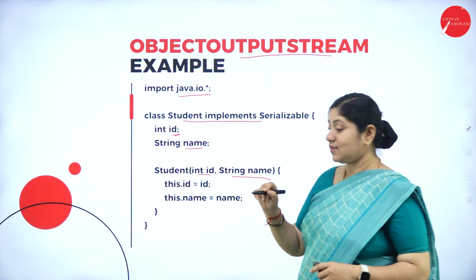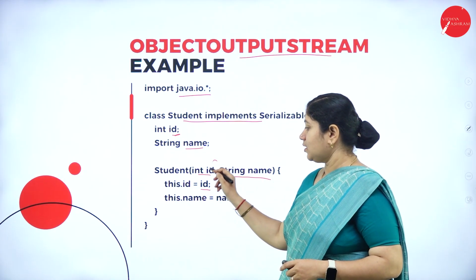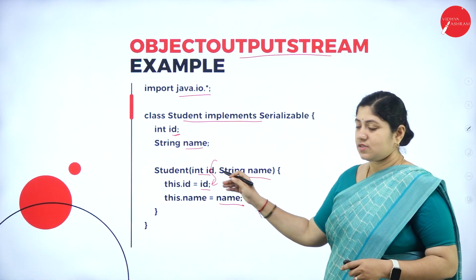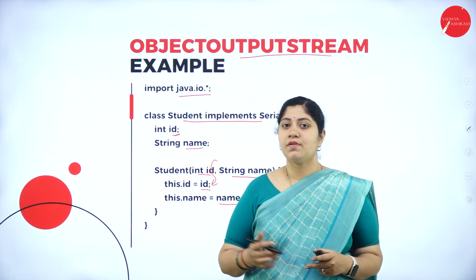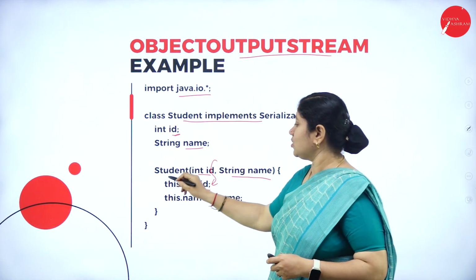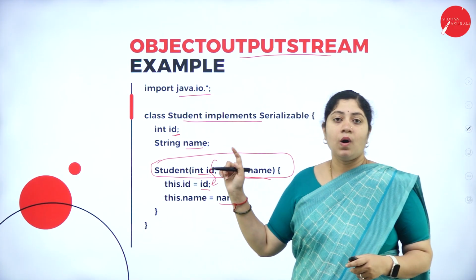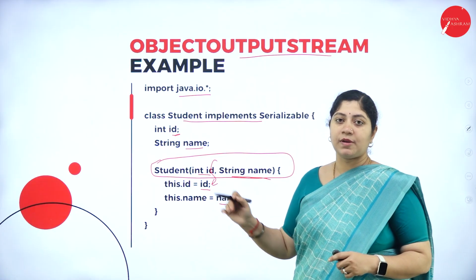We are utilizing the this keyword in order to map this. So this ID will be the ID of the student, followed by this.name equals name. Once this is done, we are closing the brackets. This gives a simple example for our object output. So what is the object output? It is none other than the Student object. This is the object output stream that has been created according to our application.